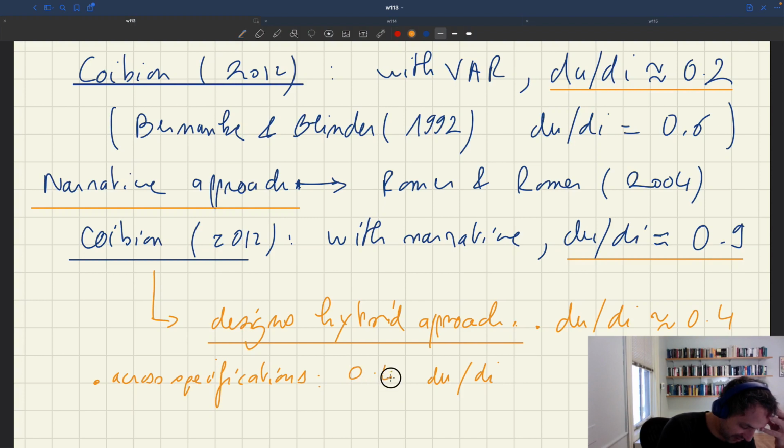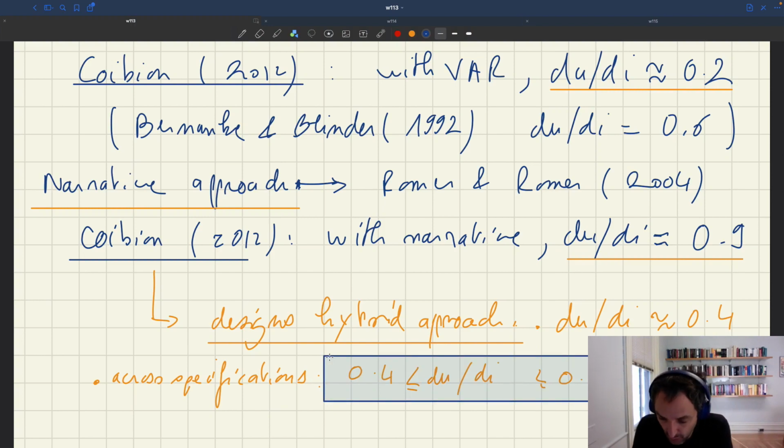So whatever you do, you always find a multiplier between 0.4 and 0.6. So that's quite reassuring: you have an approach where you get something that's in between the more extreme approaches and that's quite stable and robust to different specifications.